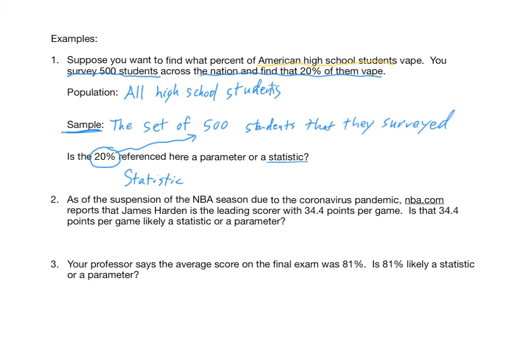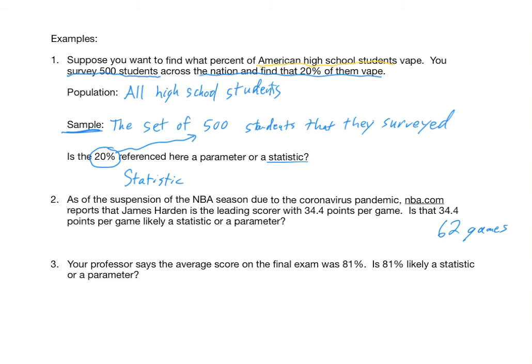As of the suspension of the NBA season due to the coronavirus pandemic, NBA.com reports that James Harden is the leading scorer with 34.4 points per game. Is that 34.4 points per game likely a statistic or a parameter? So I think they played about 62 games, roughly, before they had to shut down because of the coronavirus.